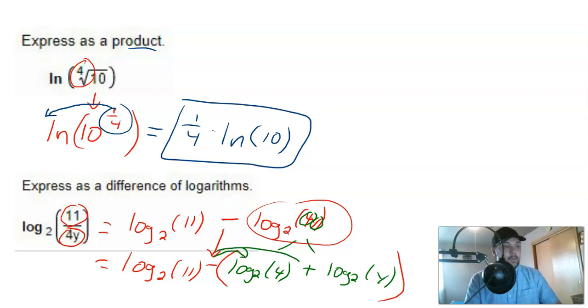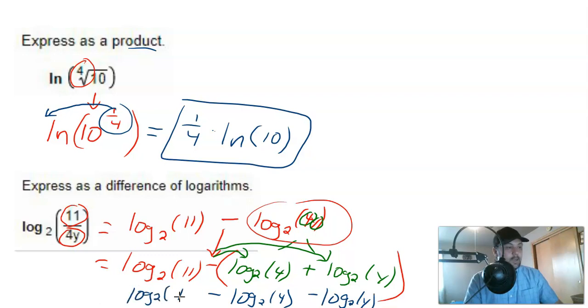And so I'm going to distribute it to these two logarithms. And so we will end up with minus log base 2 of 4 minus log base 2 of y. And then again, this log base 2 of 11 just copies down. It's still positive.